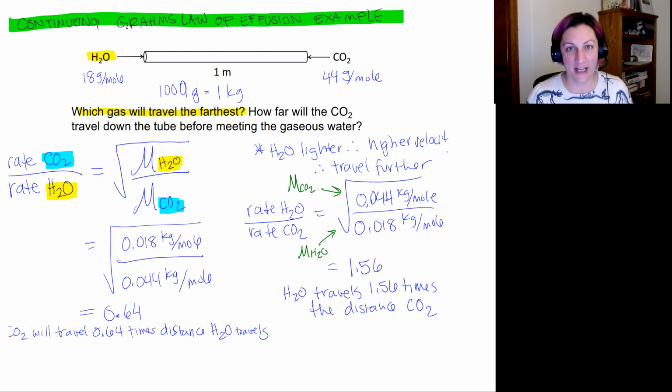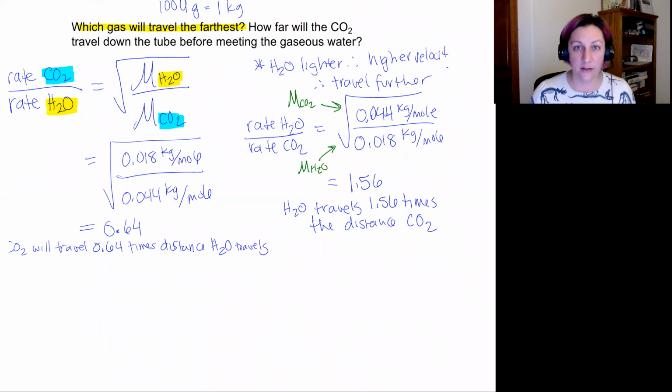So let's work on the second part of this problem. How far will the CO2 actually travel down the tube before it meets the water? So we know that the water is going to travel 1.56 times further than the CO2, but what we're going to really have to do here is set up another equation.